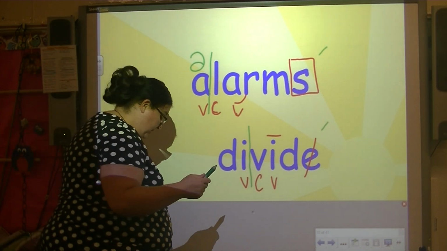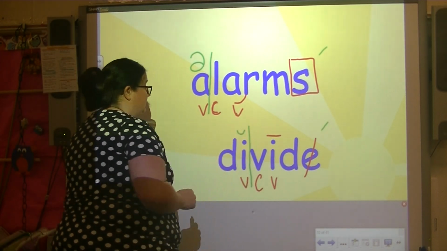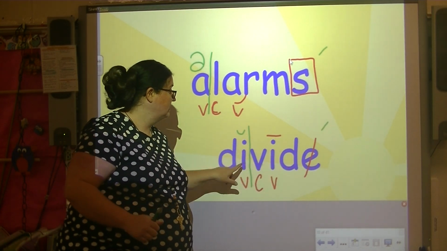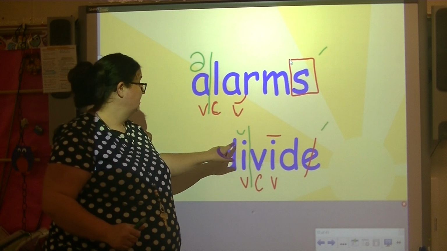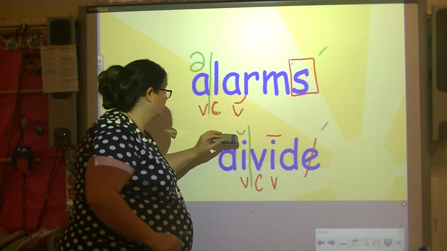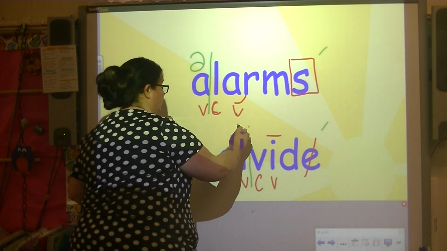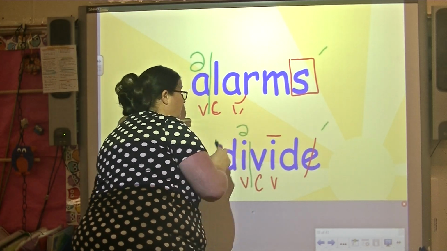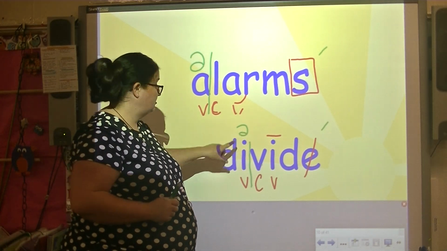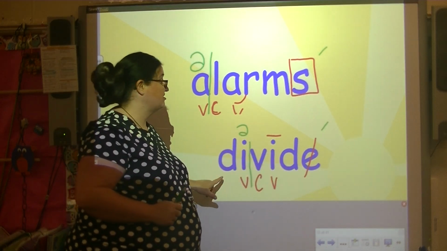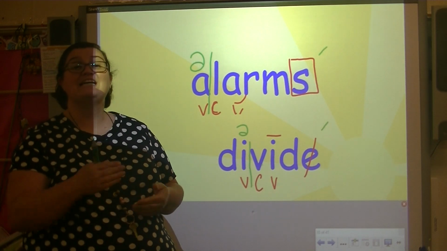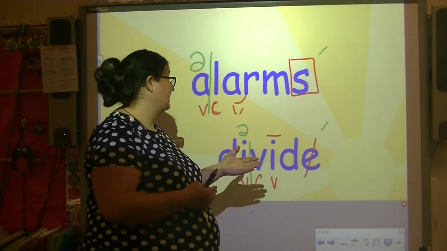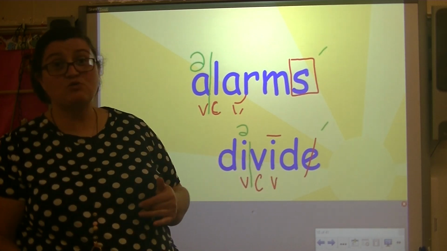Some people say it one way, and some people say it another way. So you hear people say it both ways. Either way is fine. So it's saying it can have the short sound, it can have the schwa sound.